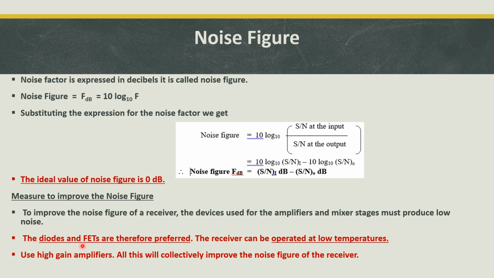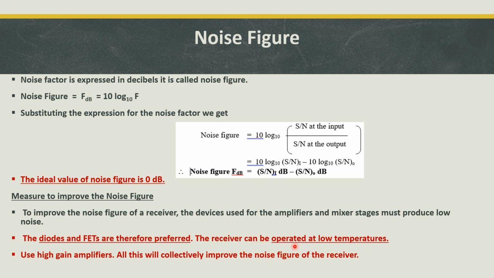Diodes and FETs are preferred compared with transistors, because the diode and field effect transistor have fewer junctions. If the number of junctions increases, the partition noise will increase.